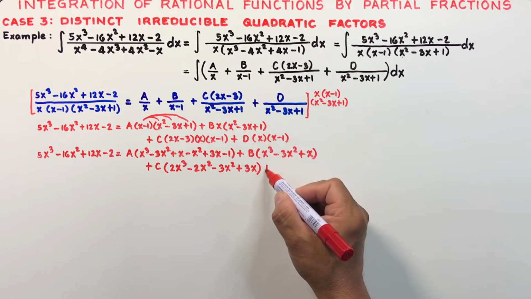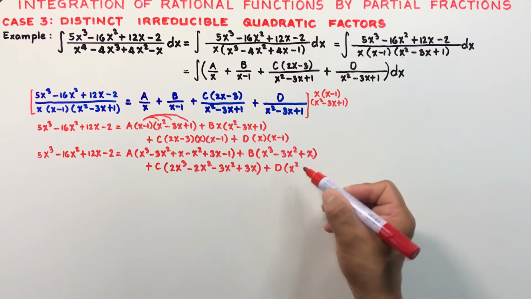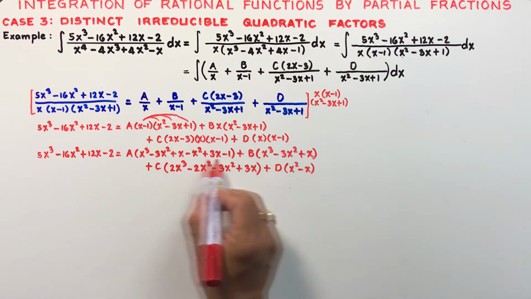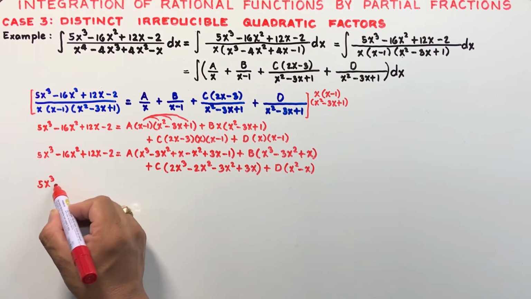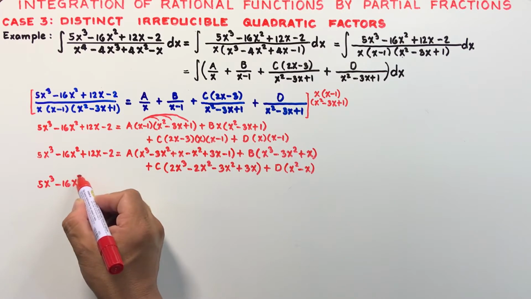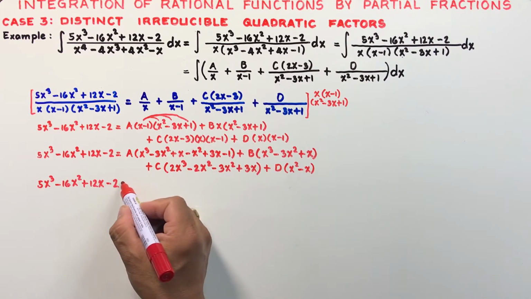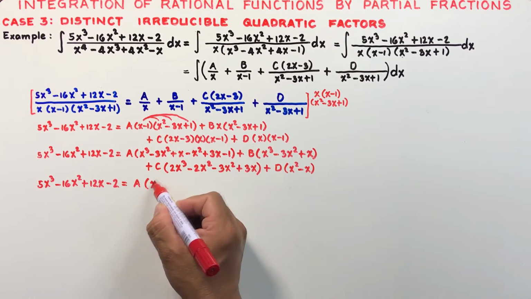And this is added also to our d times x squared minus x. So combining similar terms here, we have 5x cubed minus 16x squared plus 12x minus 2, this is equal to a times x cubed.